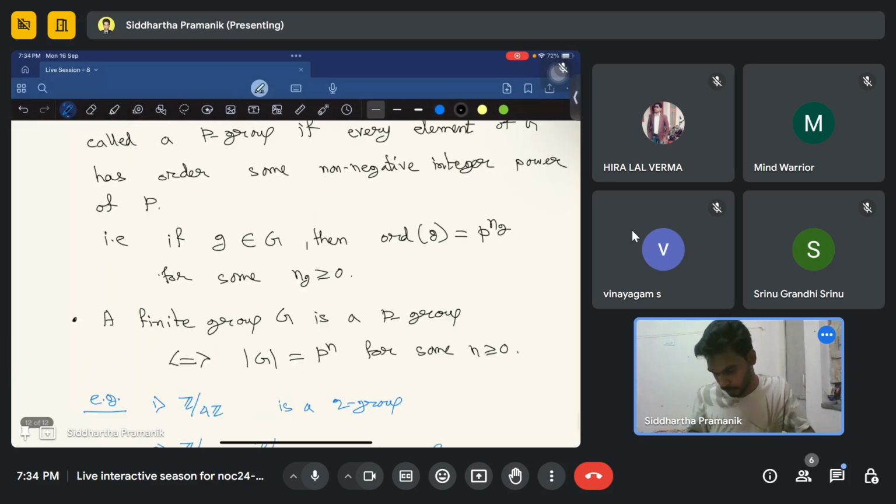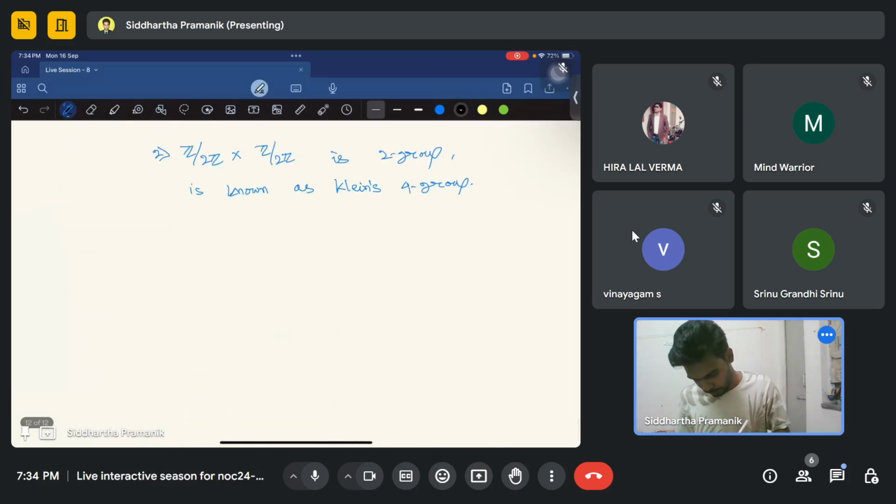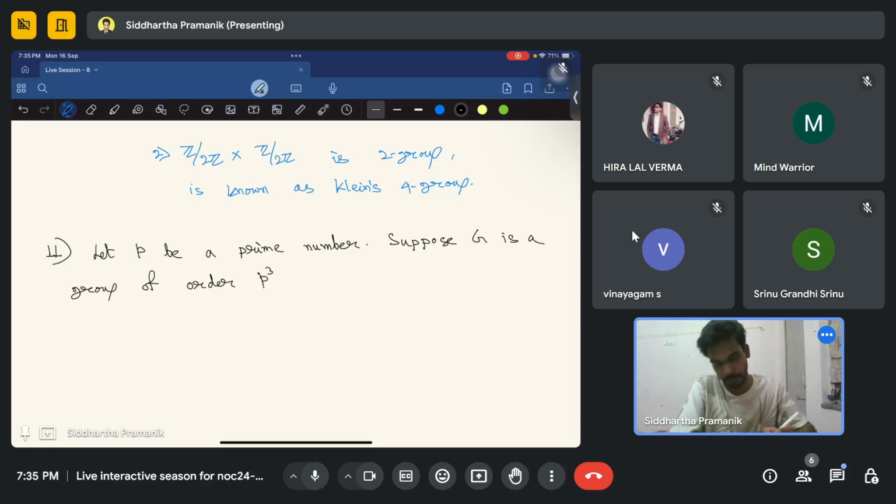Okay, now let's come to the class equations. Let p be a prime number and suppose G is a group of order pq.